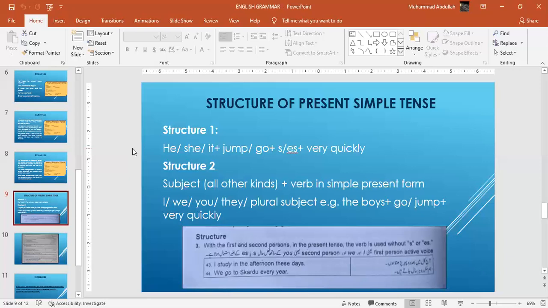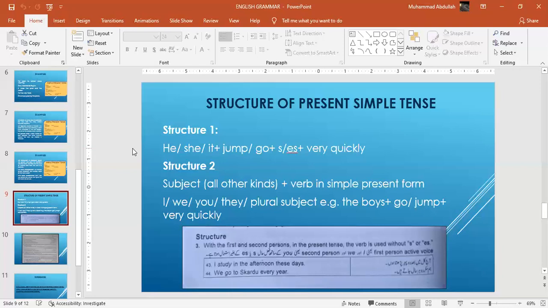For example, first form is the present form, go. Second form is the S form, goes. Third form is the past form, that is went. And fourth form is the participle form, that is gone. And last one is the ing form, that is going. So all verbs, they take these 5 different forms. So what do we mean by verb? 5 different forms of verbs, right?